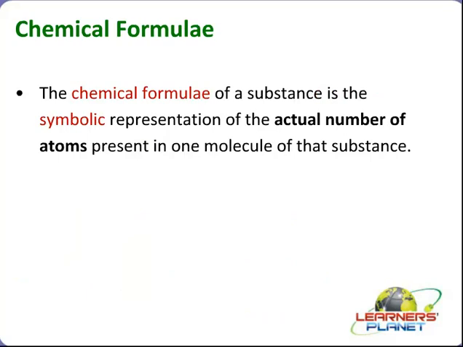Now before dealing with chemical equation, you just tell me what is a chemical formula. You would have done it in your 9th standard, or how a formula is written. I'll just discuss some things about it. Chemical formula, what is it? The chemical formula of a substance is the symbolic representation of the actual number of atoms present in one molecule of that substance.